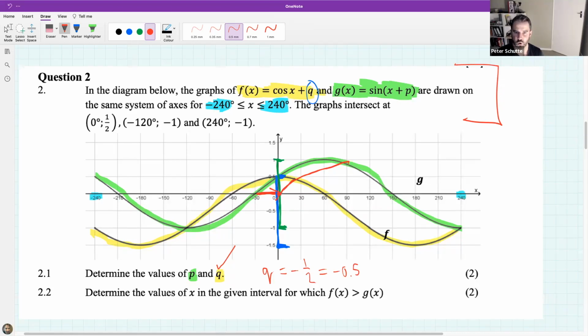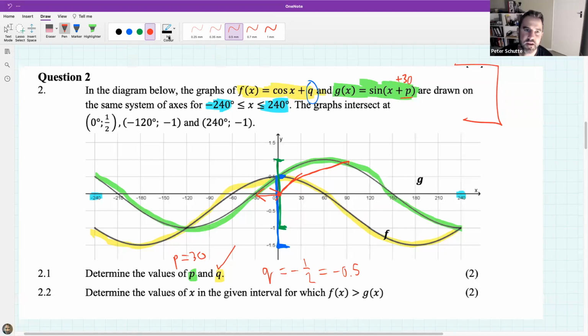Where it normally is, I've shifted it back by 30. In order to do that, this needs to be x plus 30. So to go from where it normally is to this new one, I would have to make this x plus 30. So P is going to be equal to 30, because the whole graph has been shifted to the left by 30, which means it must be plus 30 there.